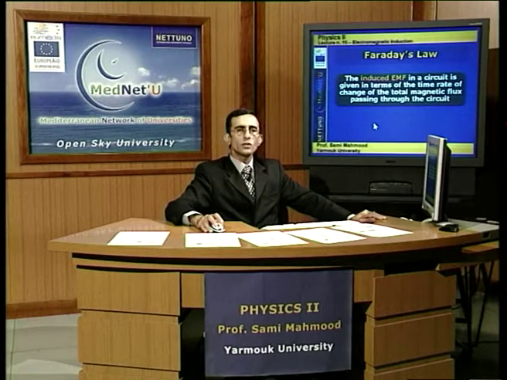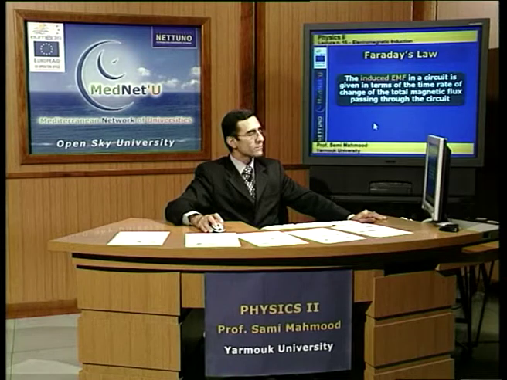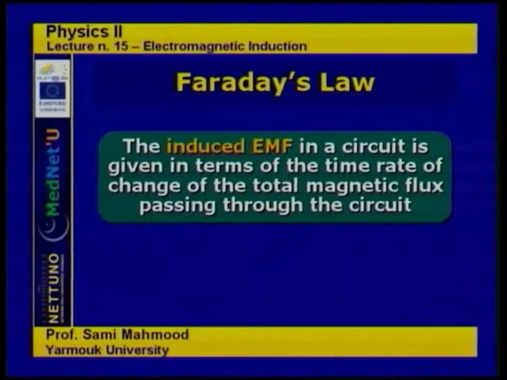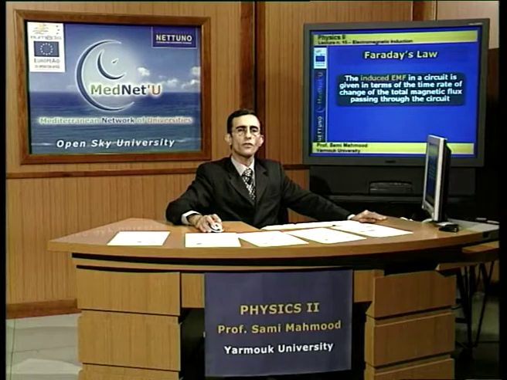Thus, the induced electromotive force, which drives the current across the loop in a circuit, is given in terms of the time rate of change of the total magnetic flux passing through the circuit. This is the only way to interpret the results of the 3 experiments.